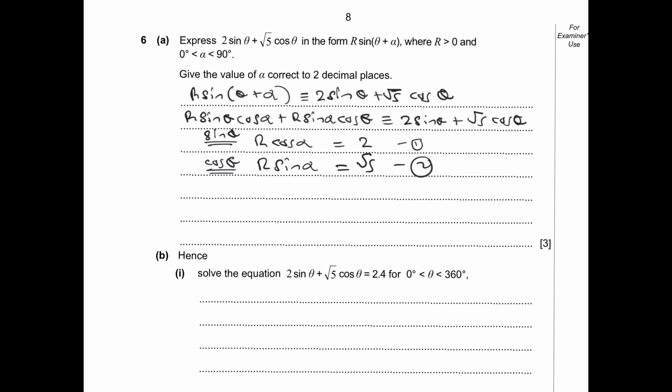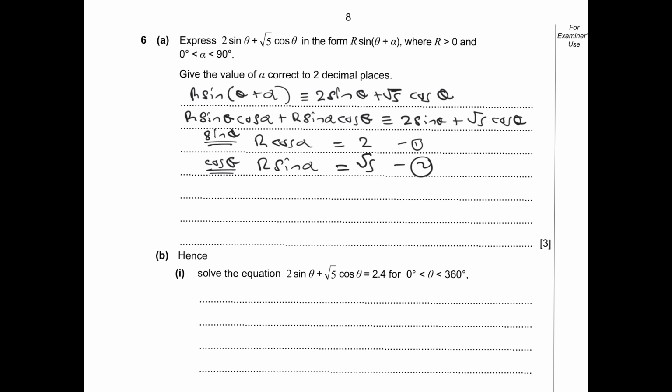Now, for us to get our alpha, you see that if we divide equation 2 by equation 1, the r will cancel out, and sine alpha over cos alpha will give me tan alpha. That should be equal to square root of 5 over 2.